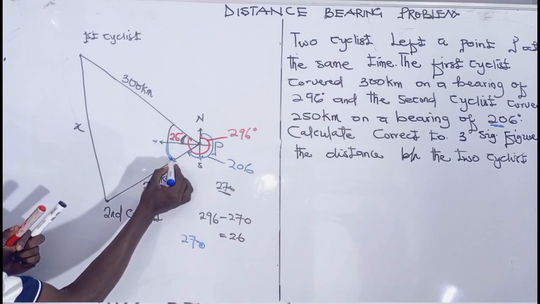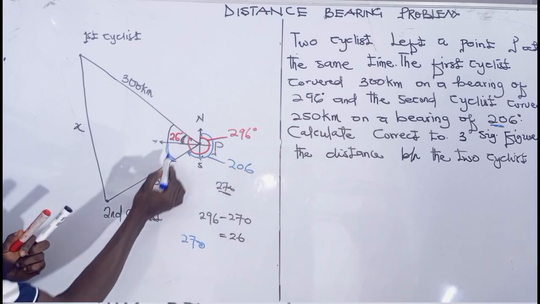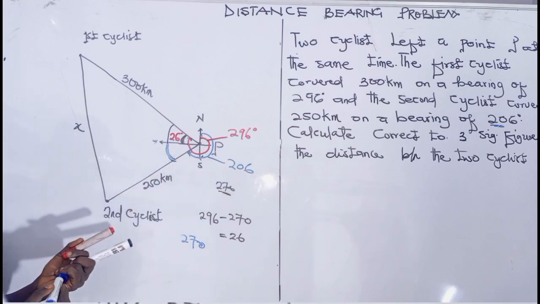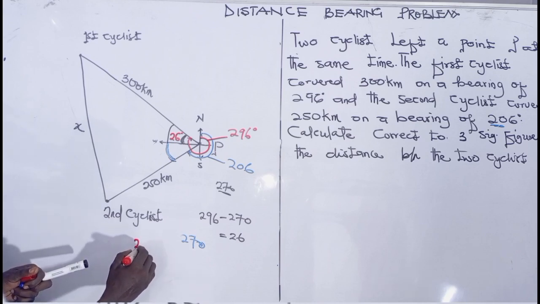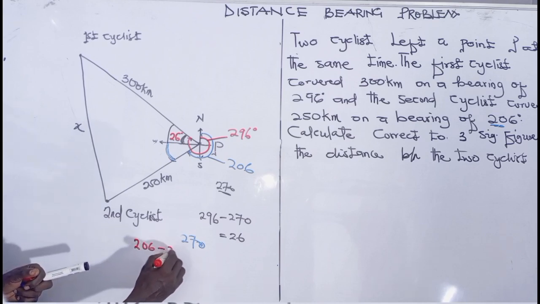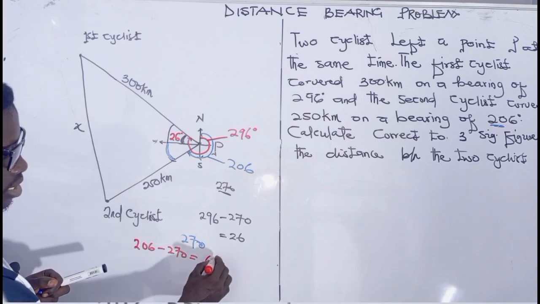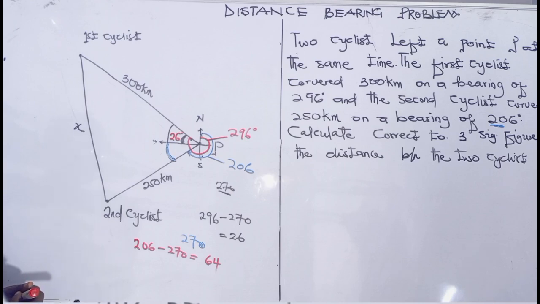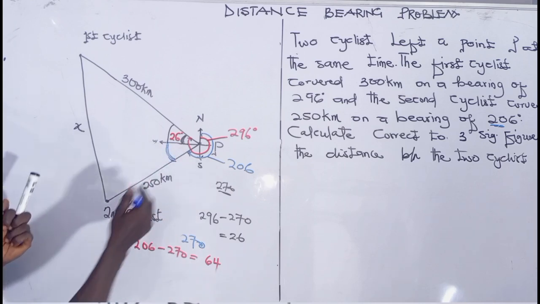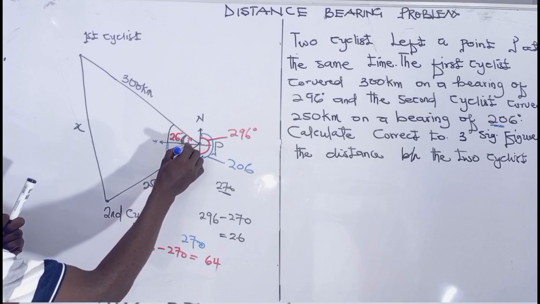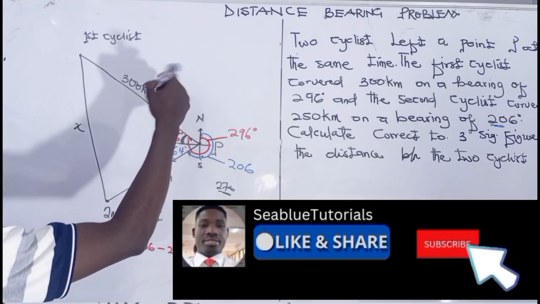So to find this angle, we are going to subtract 270 from 206. So we are going to have 206 minus 270, that gives us 64. So this angle is 64 degrees.